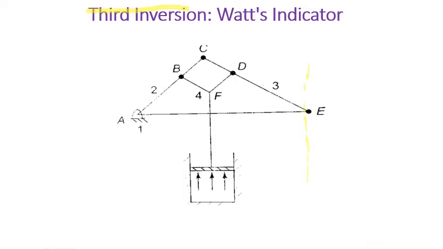Usually we use this Watt's indicator to represent the pressure inside the cylinder or temperature inside the cylinder. This is one of the best examples for the third inversion of a 4-bar chain.